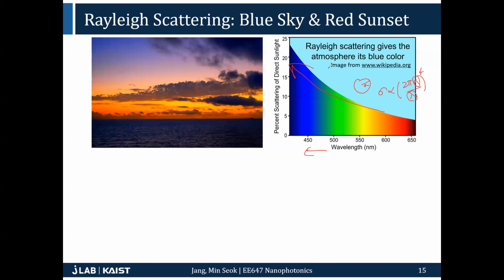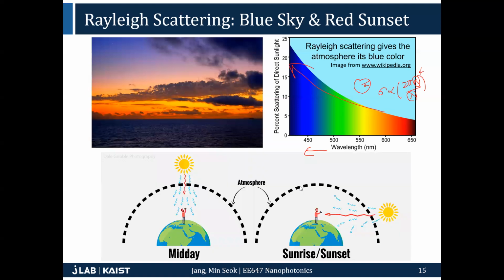So what this means is that blue light is scattered much more than the red light, right? So how does that make your sky blue and sunset red? It's like this, okay? I think this is a bit misleading, but anyway, you have the sun here.